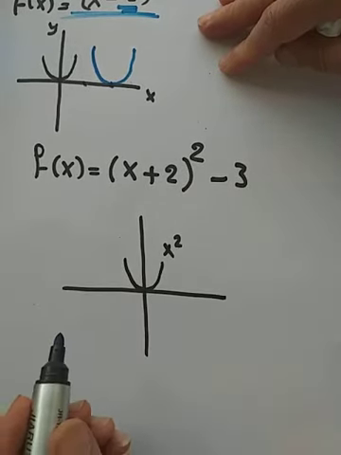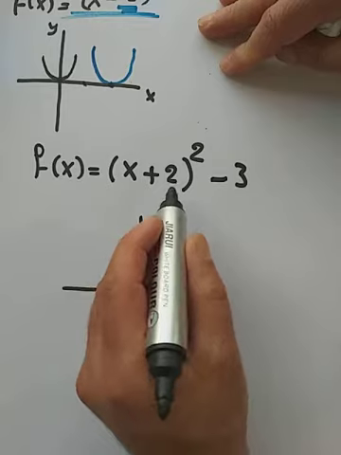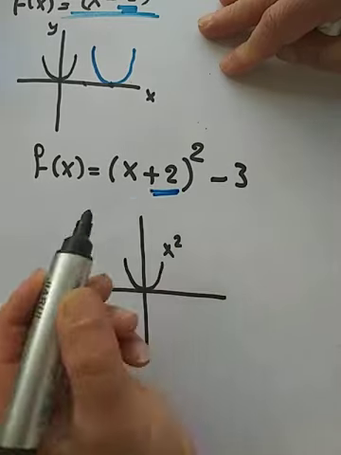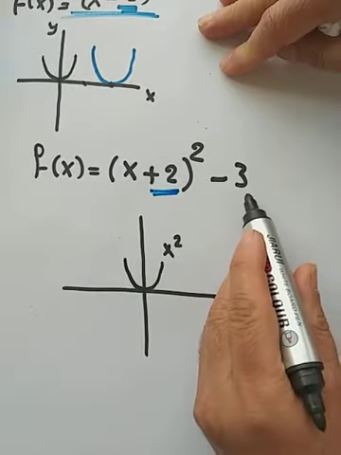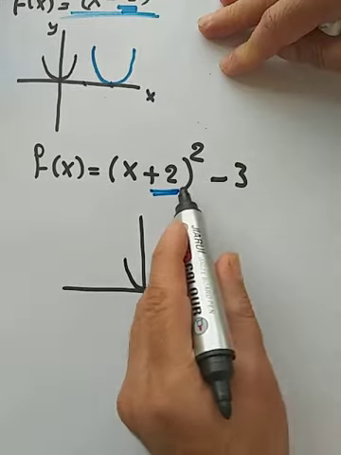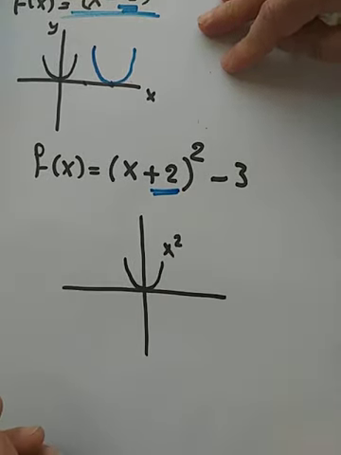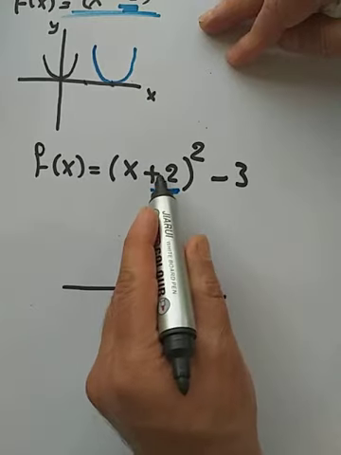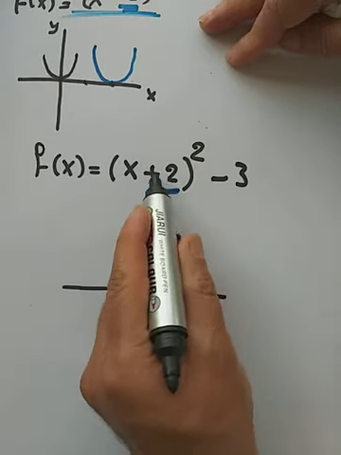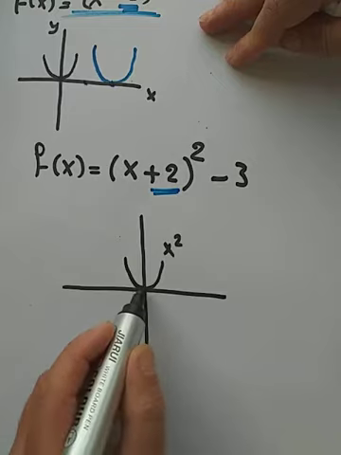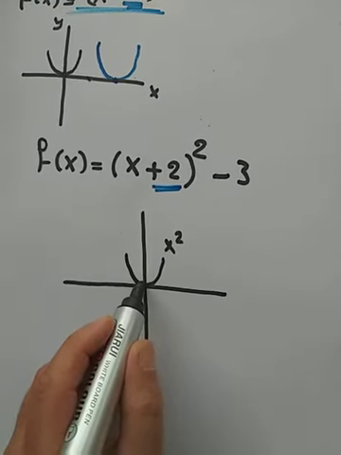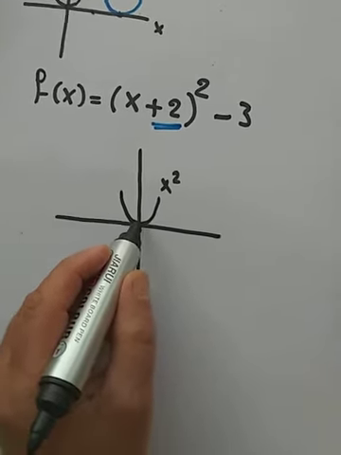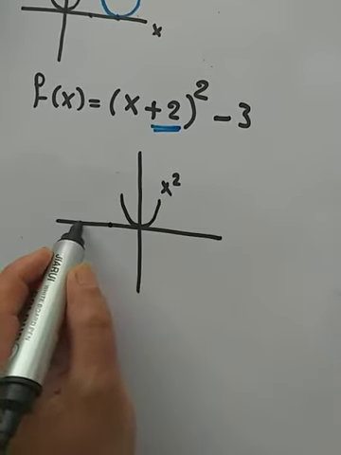As you like, you can start with this 2 first, then minus 3, or this one, then that one. Let us start with this 2. Plus 2, we go to the left. How many units? 2 units to the left, 1, 2.